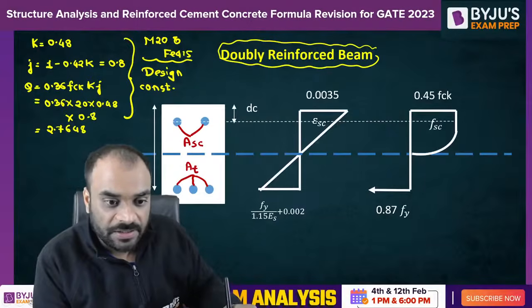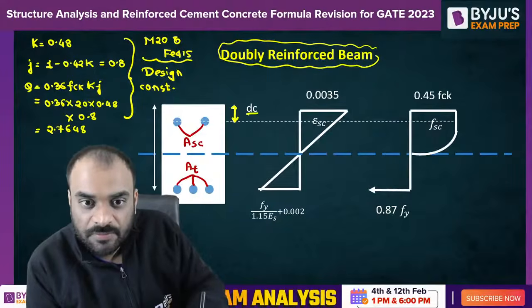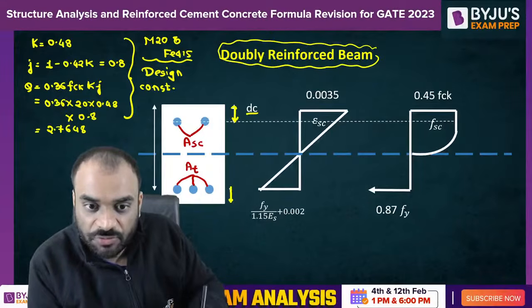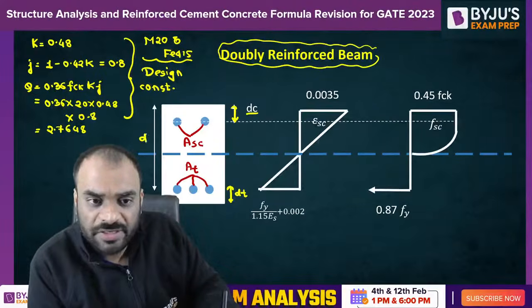Let us consider the effective cover for the compression reinforcement is dc, and the effective cover for the tension reinforcement is dt, right? So we will calculate the value of small d, which is very easy.